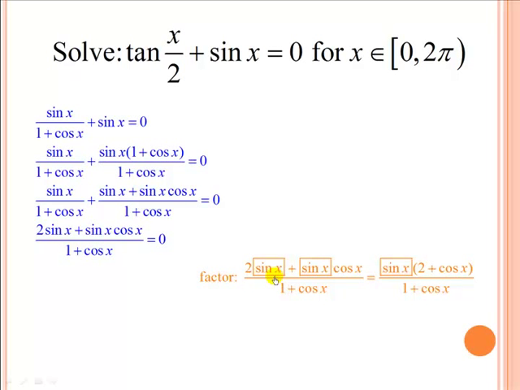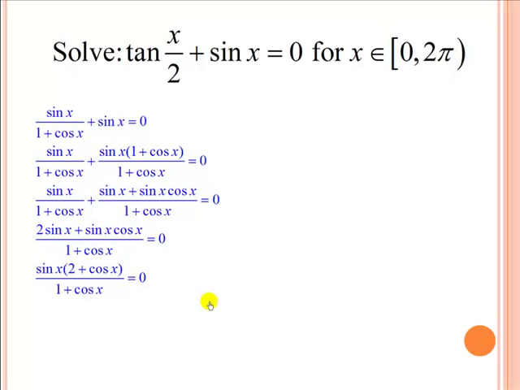We see that sine x is a common factor here, so pulling that out, we can rewrite the equation and then set the numerator equal to 0. That'll give us two separate equations: sine x equals 0 and cosine x equals -2 from the second factor.